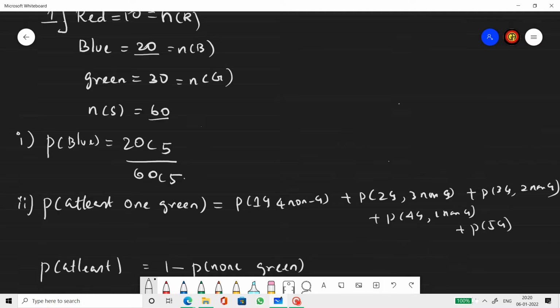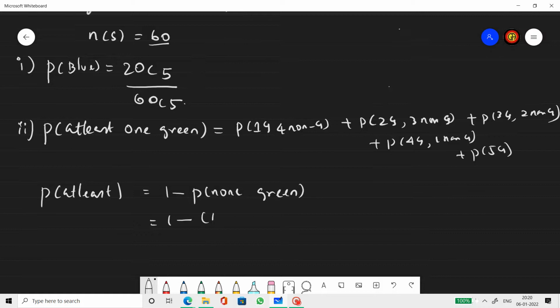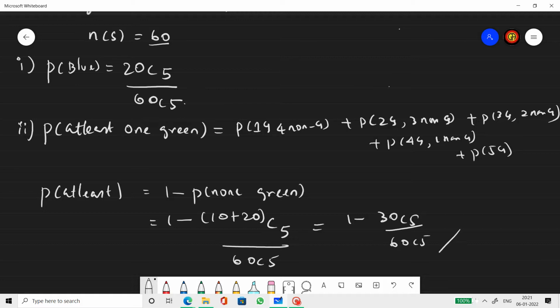So it's 20 plus 10. I would like to show the split up here instead of writing 30 directly, so you understand, because the number of green is also 30 there, by 60 C5. Which is nothing but 1 minus 30 C5 by 60 C5. Keep the answer exactly like this. There's no need to simplify this further.